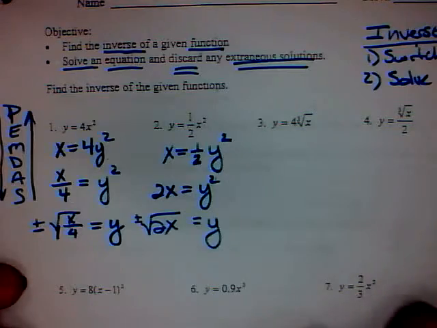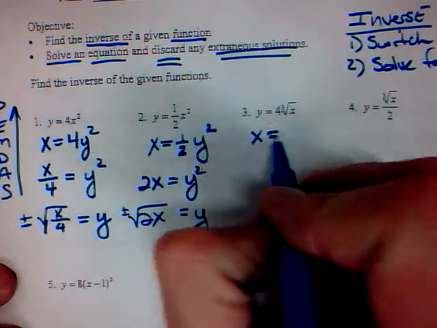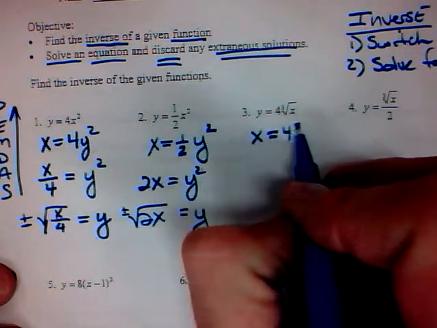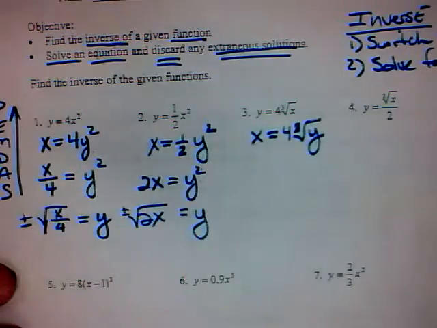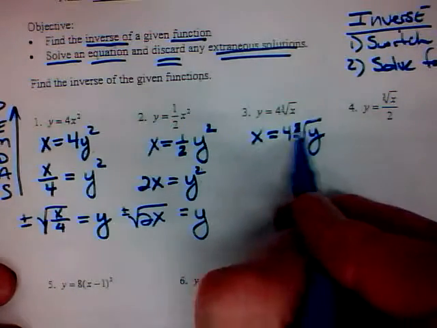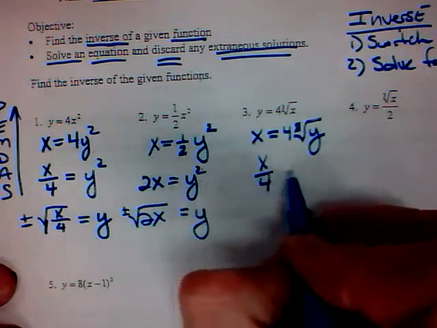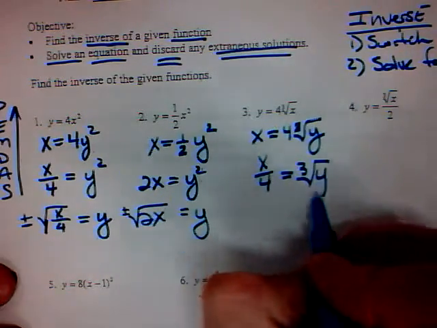Okay? So let's look at number 3. Switch x and y. You get x equals 4 cubed root of y. So we don't have any adding or subtracting here, but we do have multiplication by 4. So we're going to divide by 4. So this is x over 4 equals the cubed root of y.